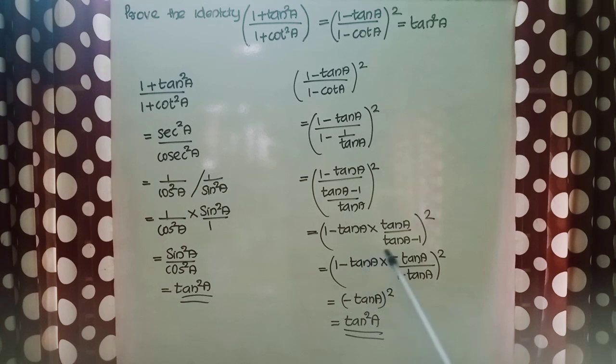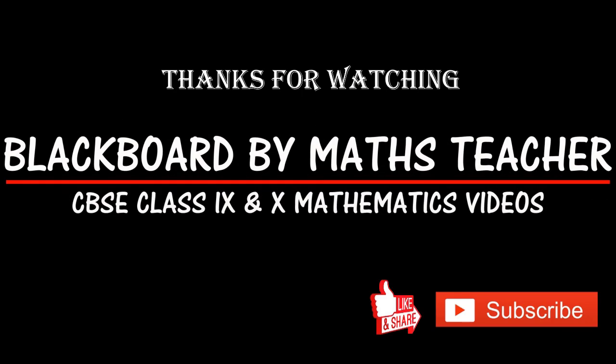Now let us cancel 1 minus tan A and there is remaining (minus tan A) whole square, that is equal to tan square A. Dear students, I hope you understood the topic in this video. If you have any doubt, please comment.